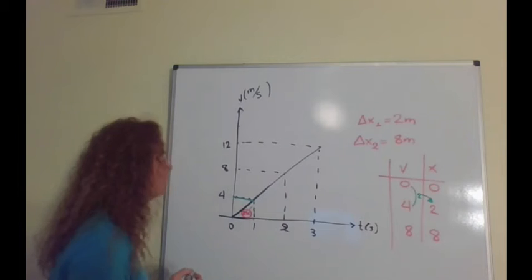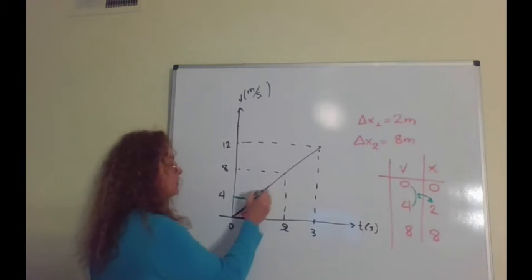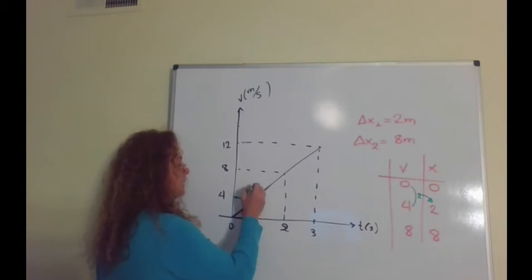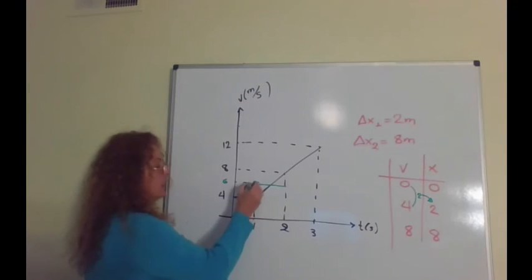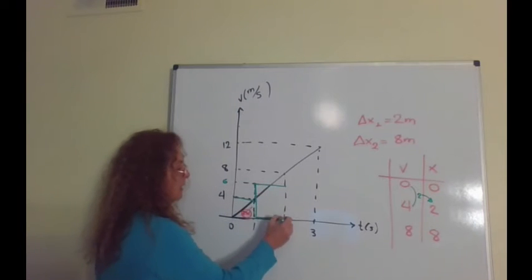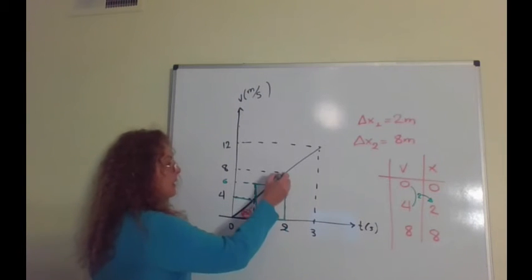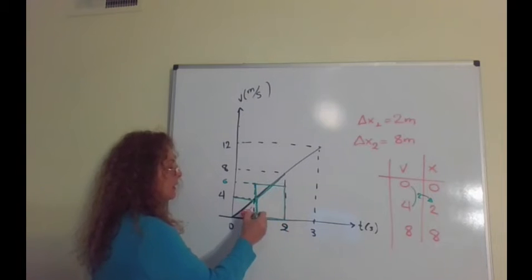If instead of having a velocity that changes from 4 to 8, we had a velocity of 6 the whole time, this area and this area are exactly the same.